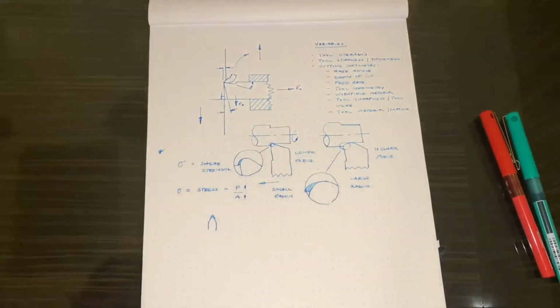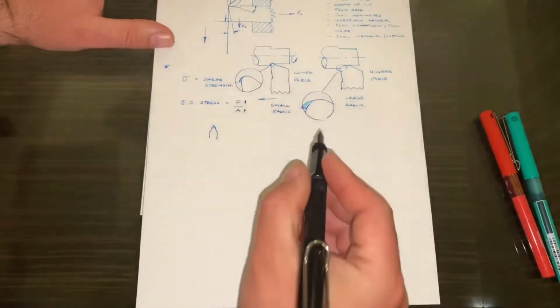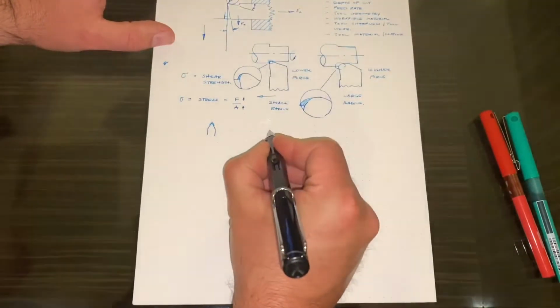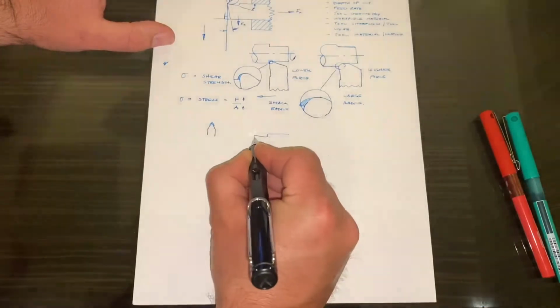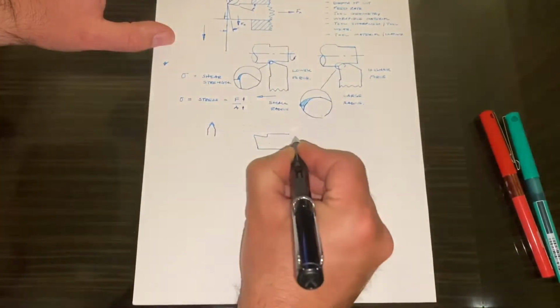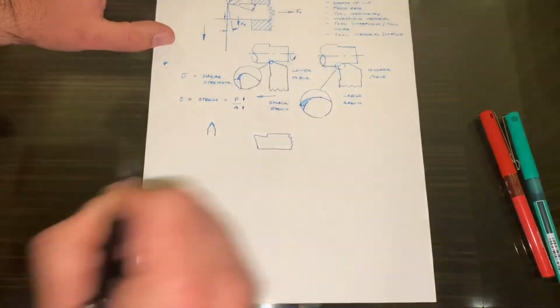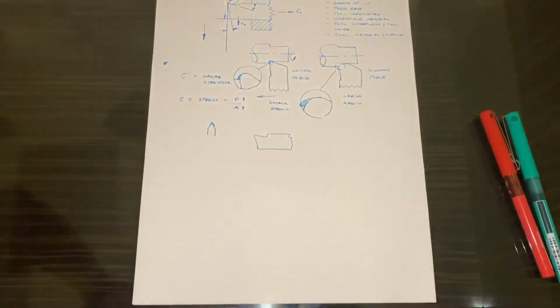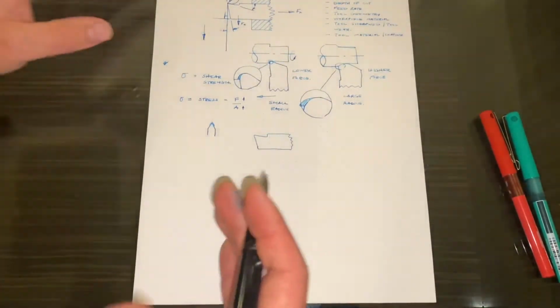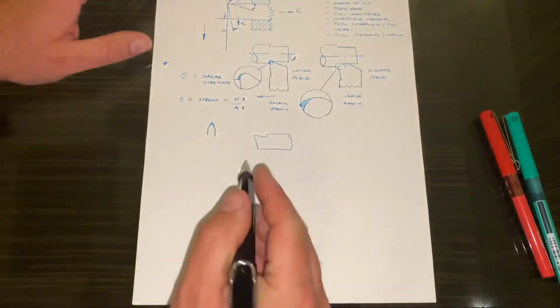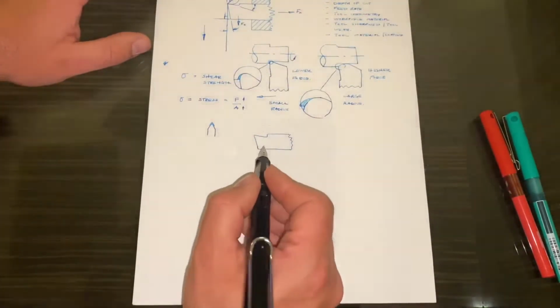So why are we interested in force? The reason we're interested in force is that the higher the force, the more load that we'll be putting on the machine, the more load we'll be putting on the tool.